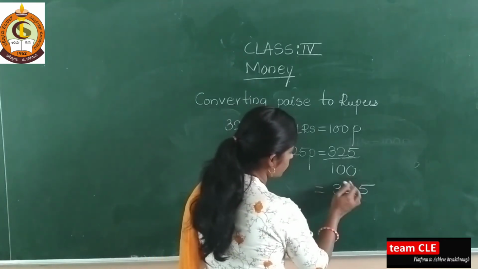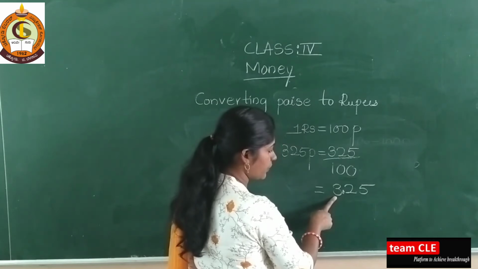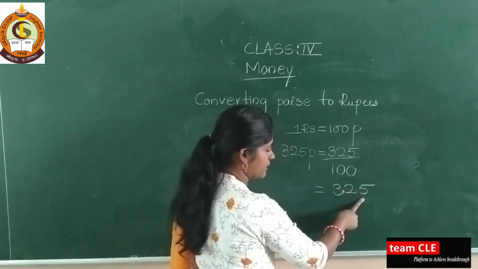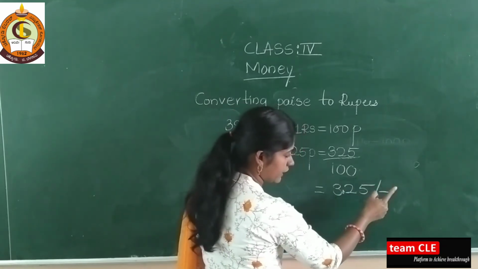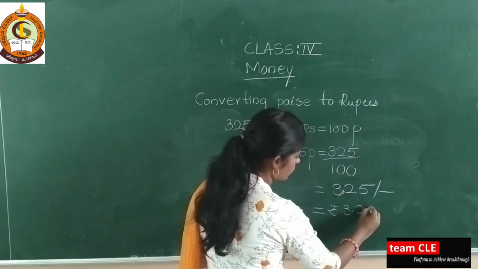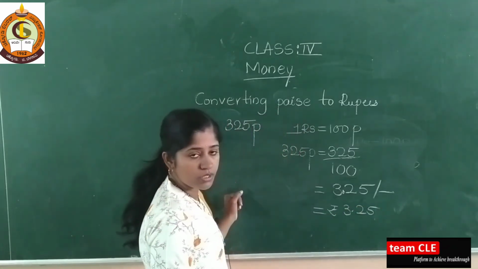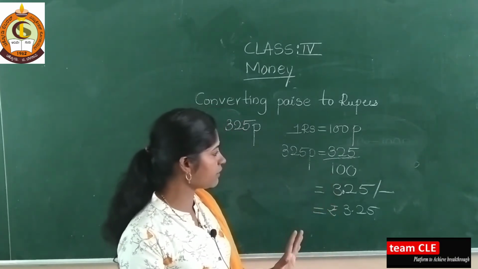Then you give the point after 2 digits. So this represents the rupees and this represents the paise. Then how much is it? 3 rupees 25 paise. If you write this, it is also correct, and if you write rupees is equal to 3 rupees 25 paise, this is also correct. I hope you are getting my point. Okay, so this type you are going to understand.